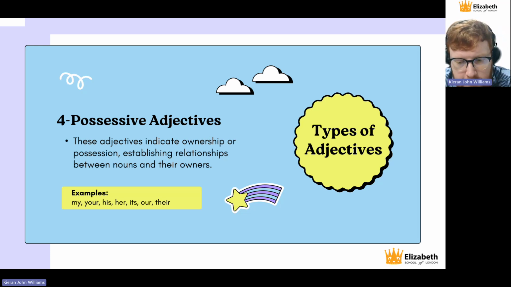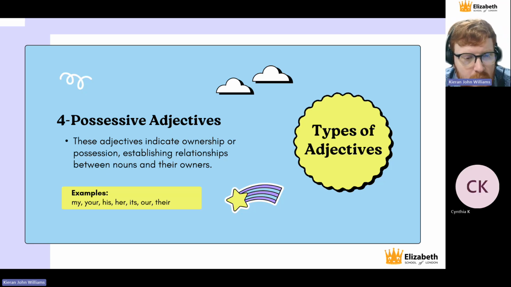Okay, so the fourth type that we're looking at here are the possessive adjectives. These adjectives describe who owns or who possesses the nouns that we're talking about in the sentence.